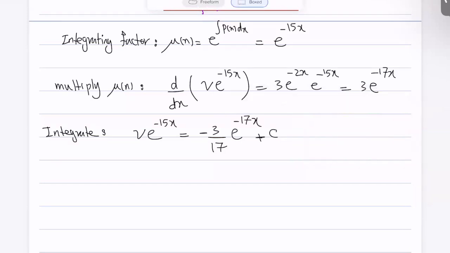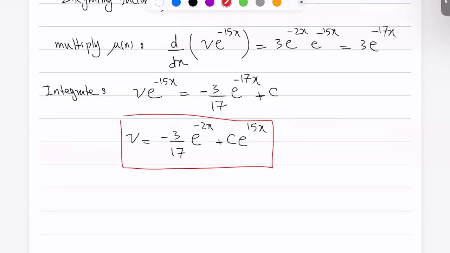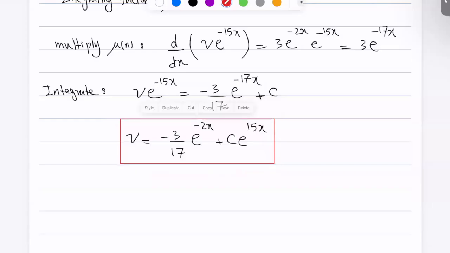So now v is, again, multiply by the e to the 15x, and you get negative 3 over 17 e to the negative 2x plus c e to the 15x. And this is our v in terms of x.